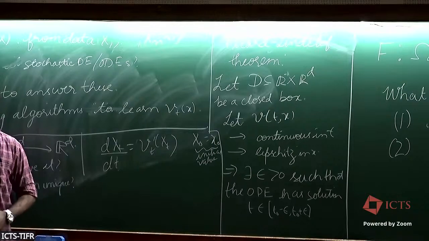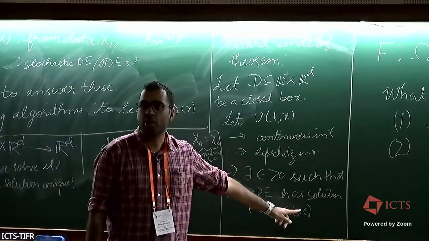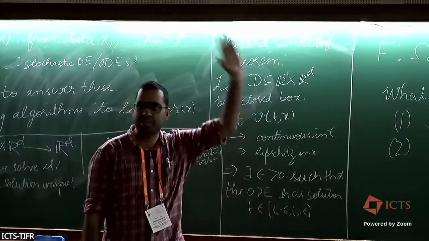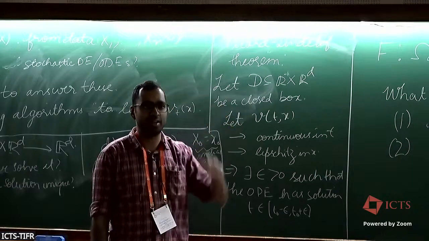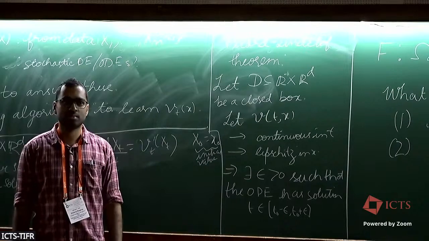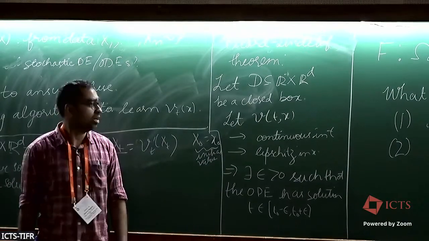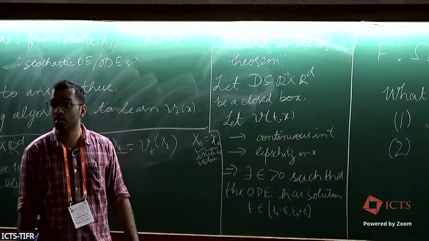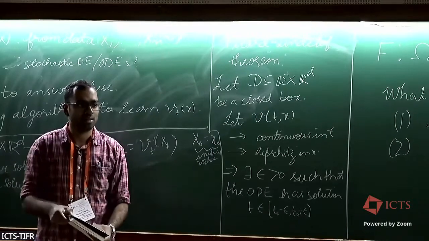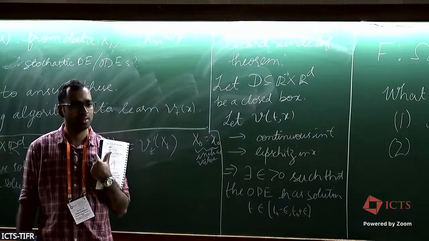Can you tell me why we are not able to ensure that the ODE is solvable for all times t, for all future times until infinity, using these assumptions? Closed box means it's a rectangle. It is bounded.